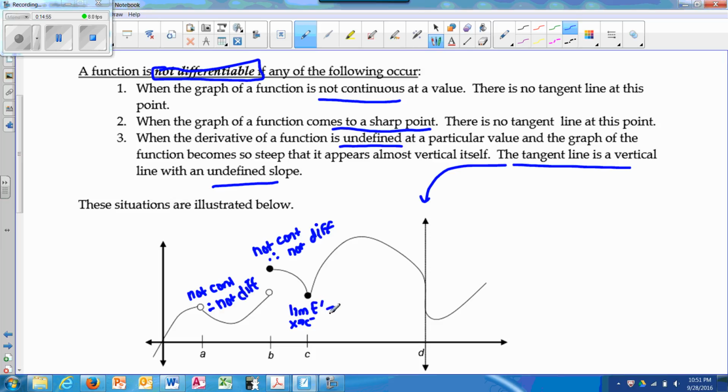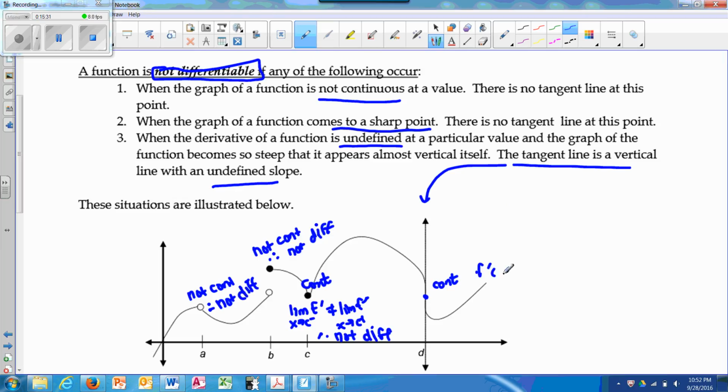At B, we have a jump discontinuity. Therefore, we have a not differentiable. At C, we have continuity, but the limit of the derivative does not exist. So the left slope of the derivative does not equal the right slope.